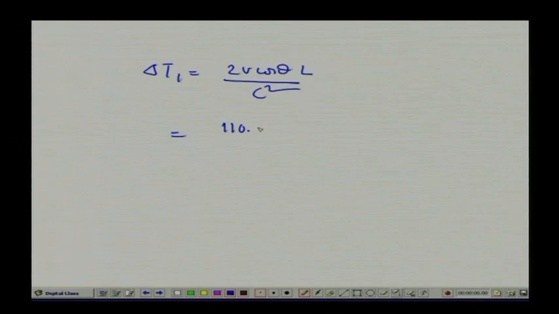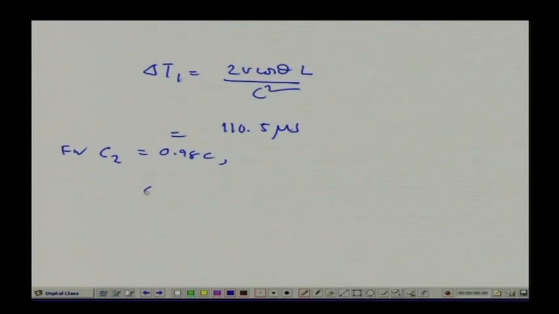I am sorry, if I write delta T1 equal to 2 V cos theta L by C square, this will give you, if I plug in all the values, 110.5 microsecond. So, for C2 equal to 0.98 C.